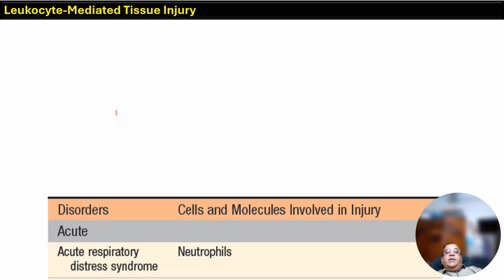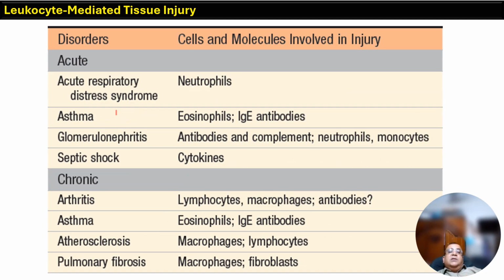This leukocyte-mediated cell injury is associated with many acute and chronic inflammatory diseases. In acute ones, neutrophils are implicated in acute respiratory distress syndrome.